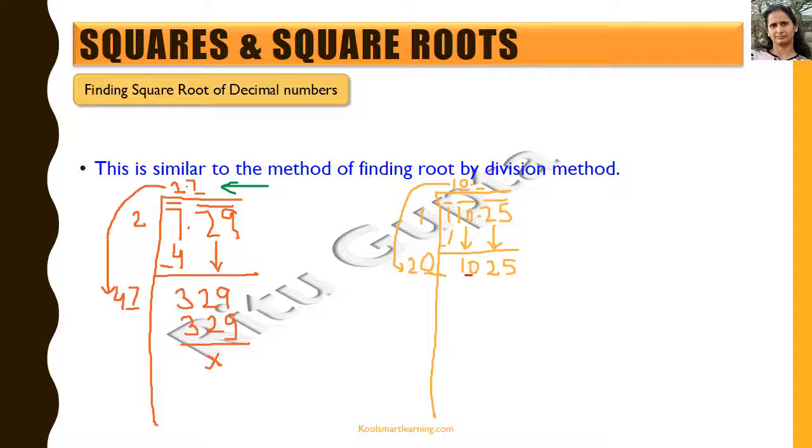So now we know that if we multiply 205 with 5, we get 1025, and there is no remainder. So clearly 10.5 is the square root of the given number, which was 110.25.